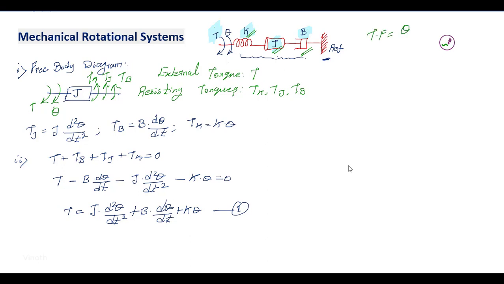Here we are finding the mathematical model, that is the transfer function of the system, which is given as the Laplace transformation of output, angular displacement, to the Laplace transformation of input, that is T of S, torque.